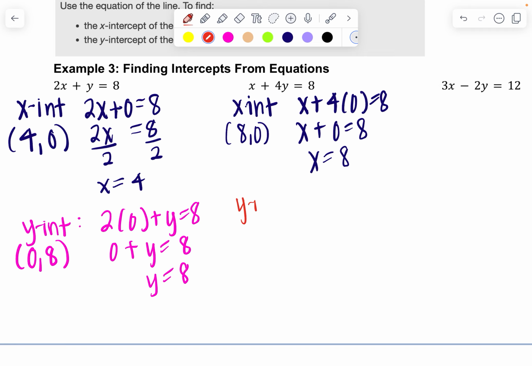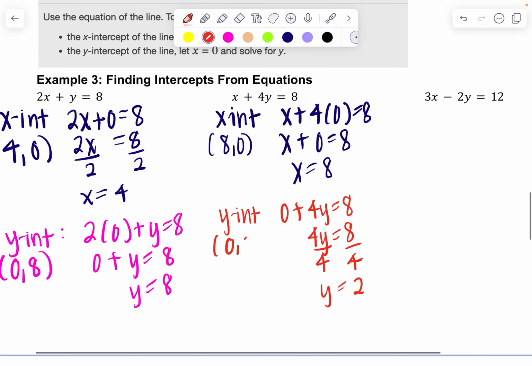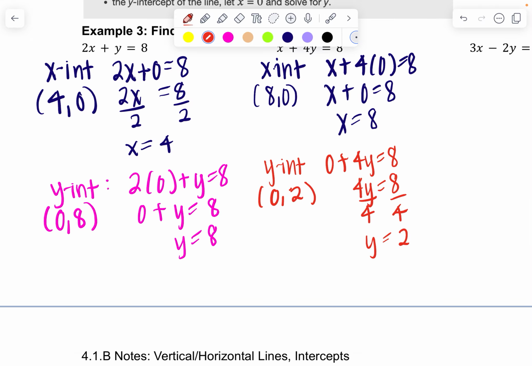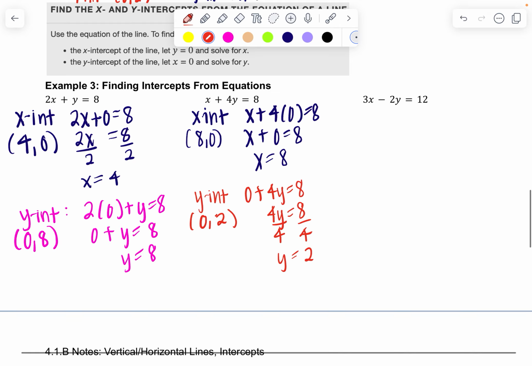And then the y-intercept, 0 plus 4y equals 8. So 4y equals 8. Dividing by 4, I get the y-intercept is at 2. So (0, 2). I just realized, oh, yep, nope, I did it right.